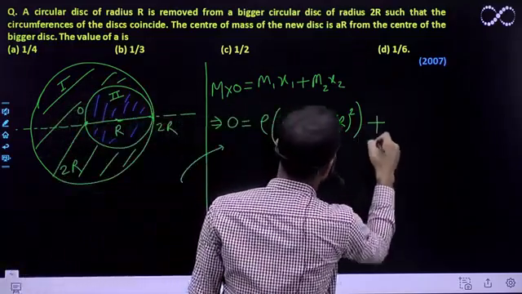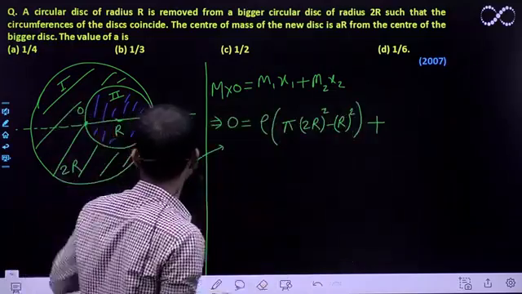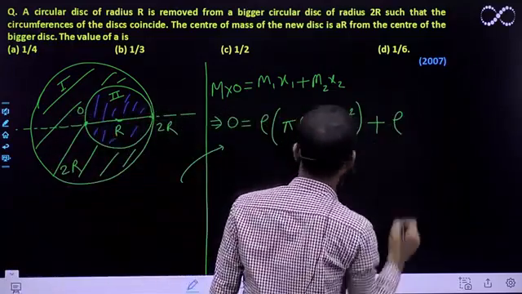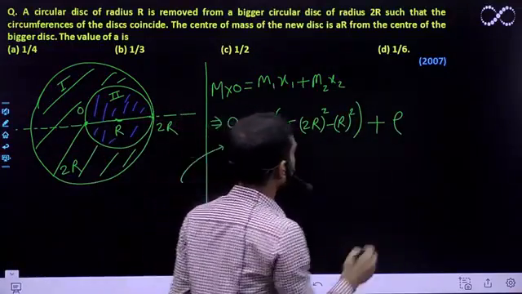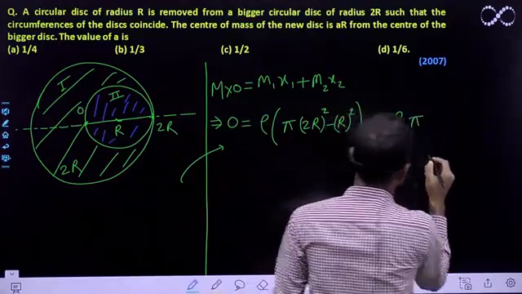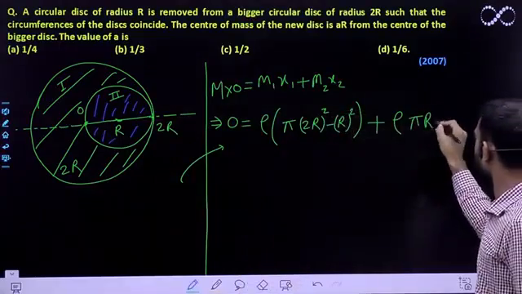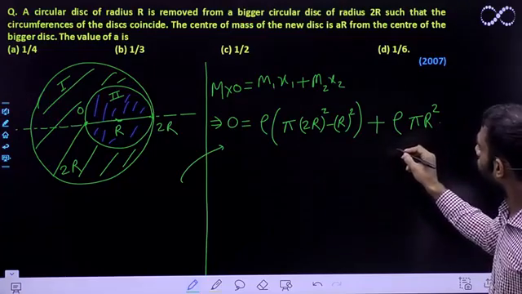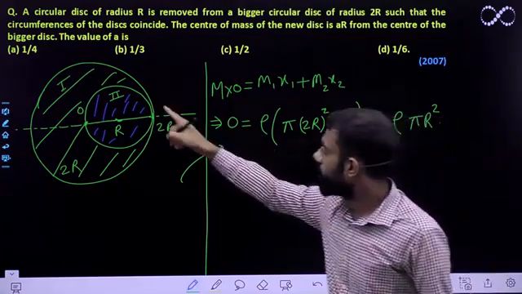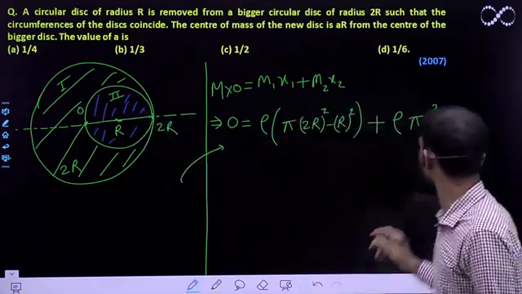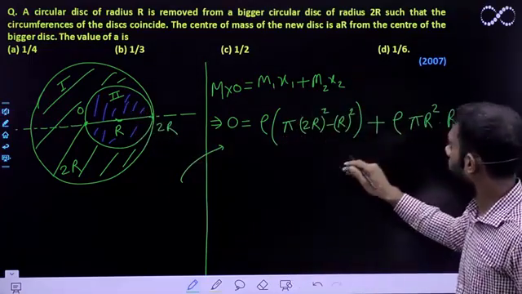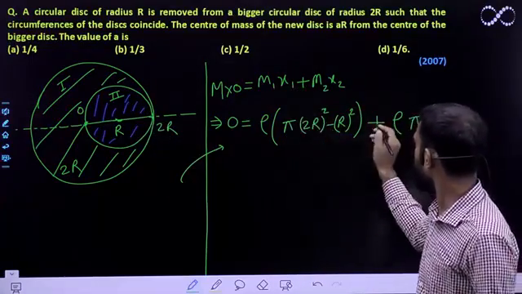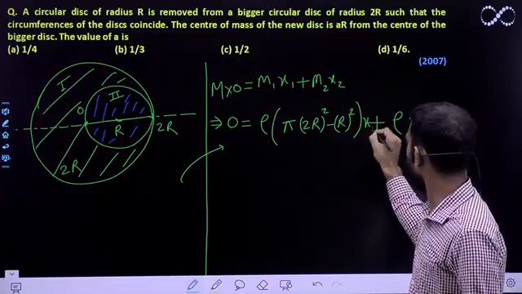Plus m2. What is the mass of part 2? Once again the density will be rho and the area is pi r square, so this becomes pi r square into x2. What is x2? The center of mass of part 2 is r, and the center of mass of the first one I don't know, so I will take it as x1 only.